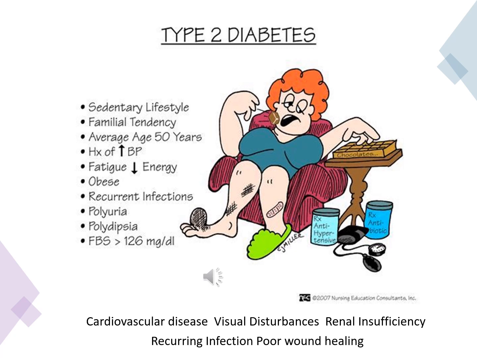So type 2 diabetes typically has a slower onset than type 1 diabetes. It still has the polyuria, the polydipsia, the polyphagia. It is aggravated by things like sedentary lifestyle, a family history, increased blood pressure, obesity, all of those things.